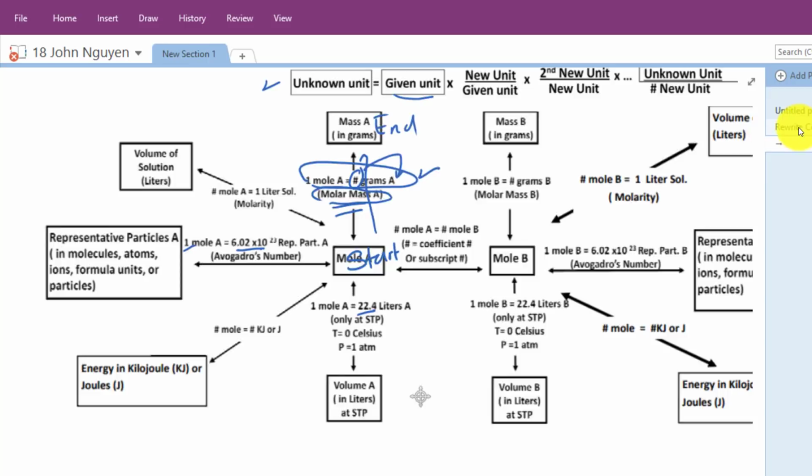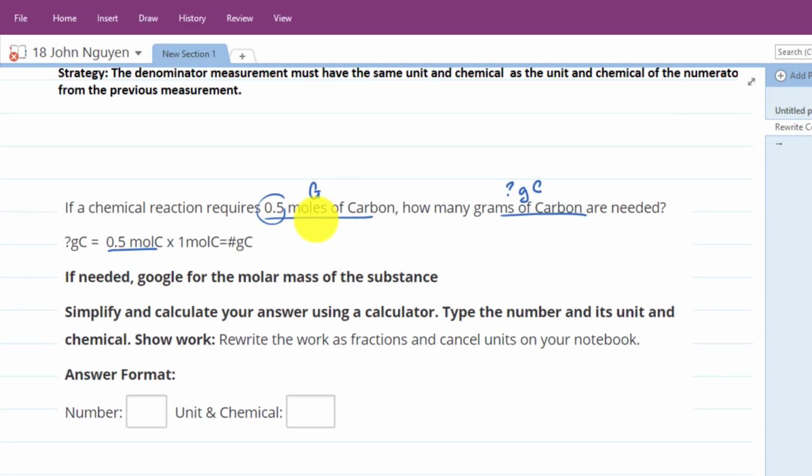So let's look at one example. In this case, we set up from moles, and to go to grams, we multiply by that conversion factor. This right here is your molar mass. What is the molar mass of the chemical? In this case, it is carbon. So what do you think I'm going to do using the power of the internet?